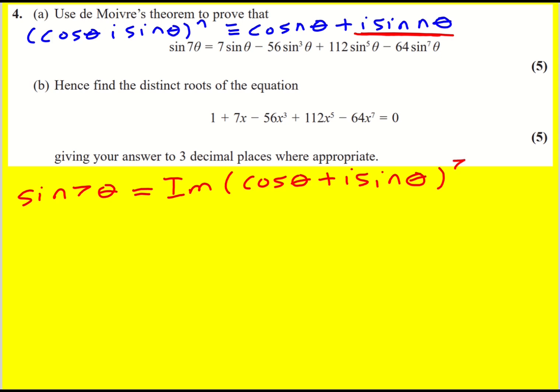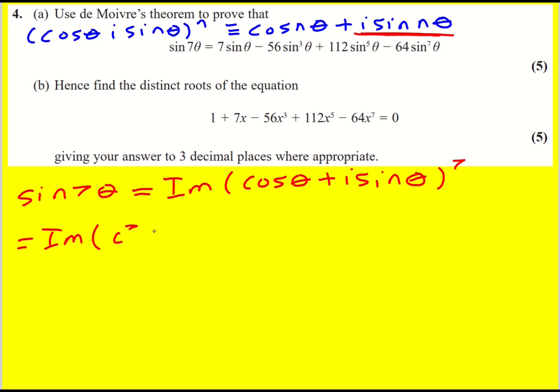We've got a binomial expansion involving cos and i sine theta. Let's go for it. Right, from now on, I'm going to be writing c instead of cos theta and s instead of sine theta, just to speed things up a little bit.